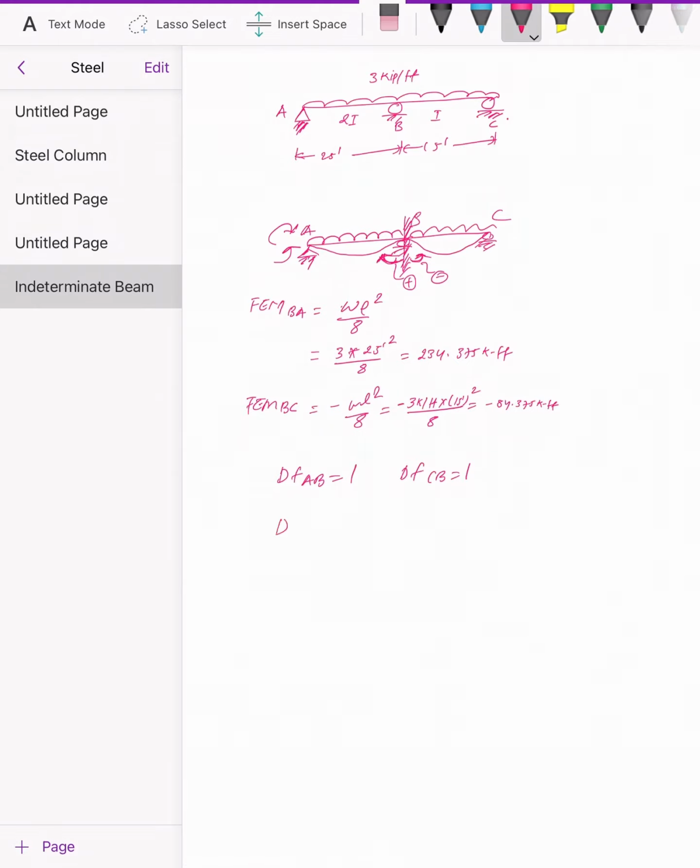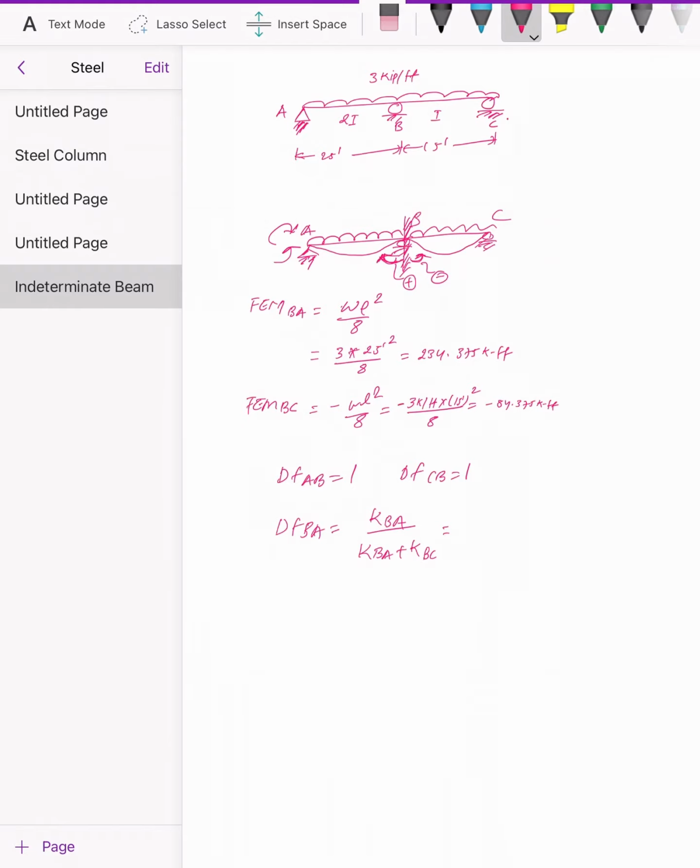So let's find the distribution factor of BA, which will be the stiffness of member BA over the stiffnesses of the members connected to joint B, the stiffness of member BA plus the stiffness of member BC.